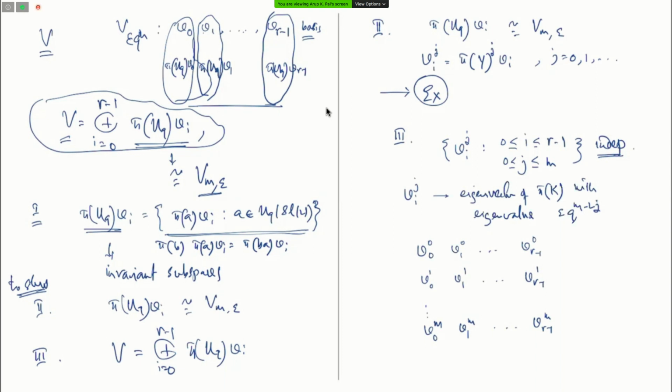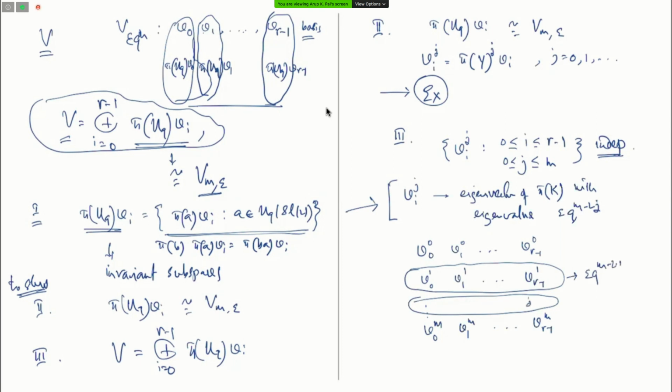Now what this tells us is that for different j's, that means different rows here, the superscript j basically identifies that row. So these are all eigenvectors corresponding to eigenvalue m minus 2 into 1 here, and so on.